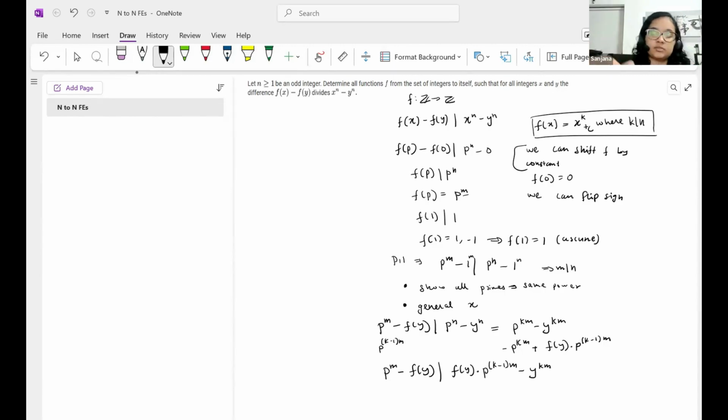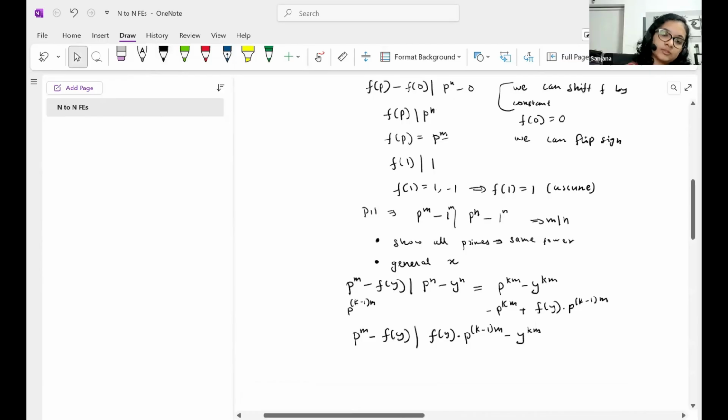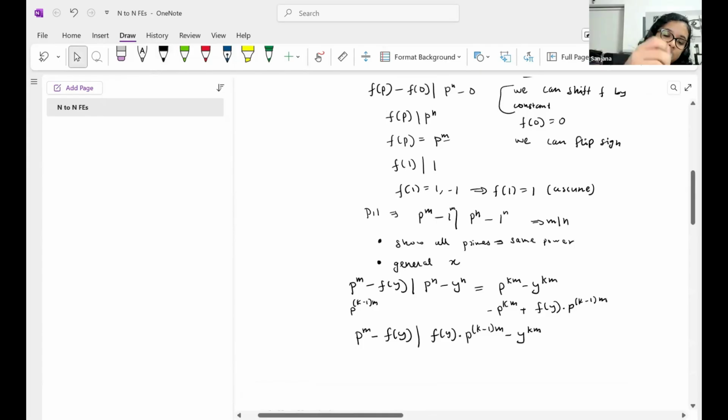So this is just an attempt to get rid of this large power of p. So now the point is you can keep doing this. Again, we can still try to get rid of this, right?